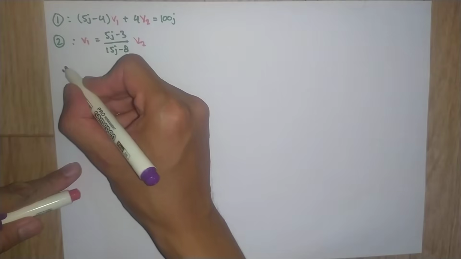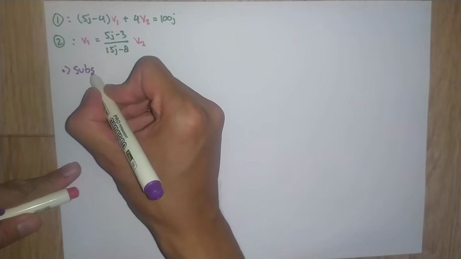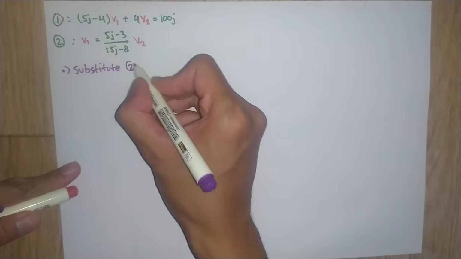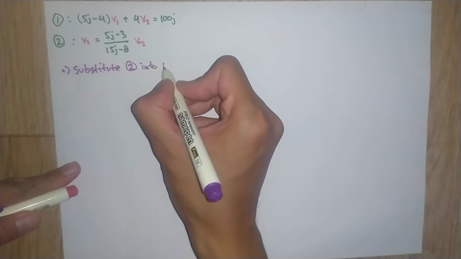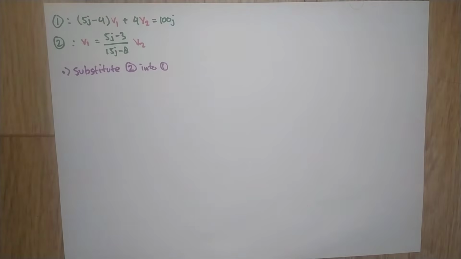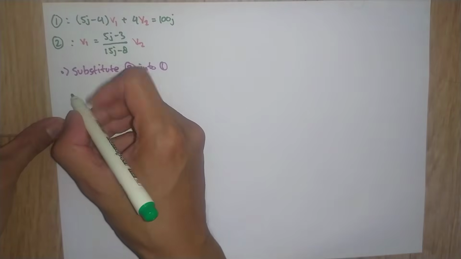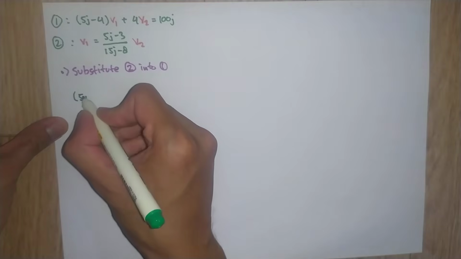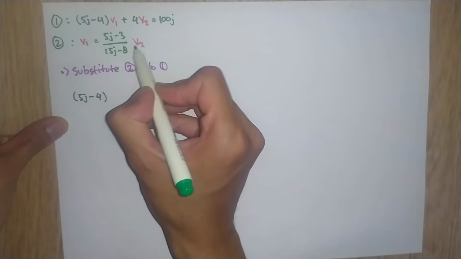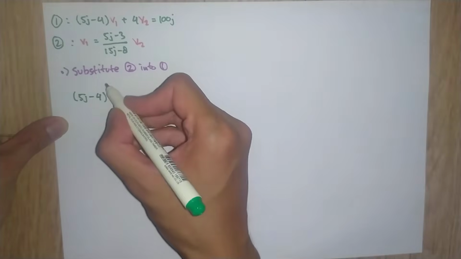Okay, let's write that. Substitute 2 into 1. Now let's write 1 first. So we'll have 5j minus 4 and then V1, and V1 is this value, right? Let's plug that in.